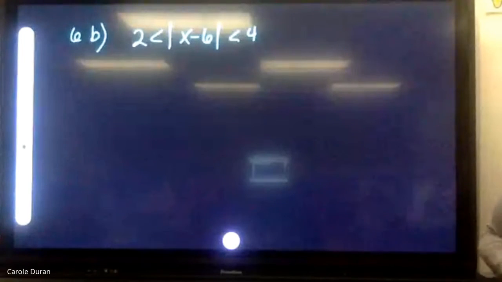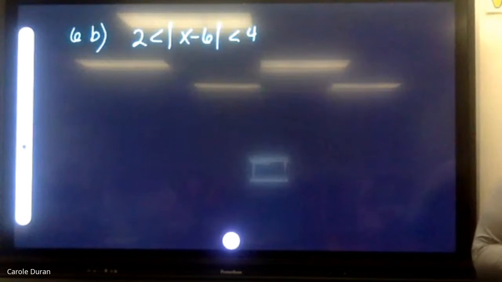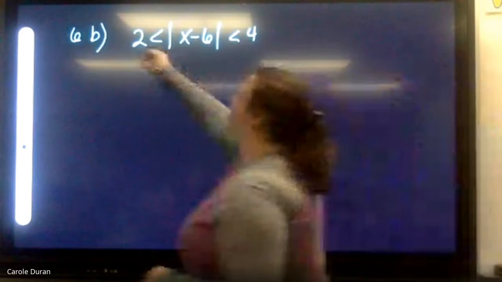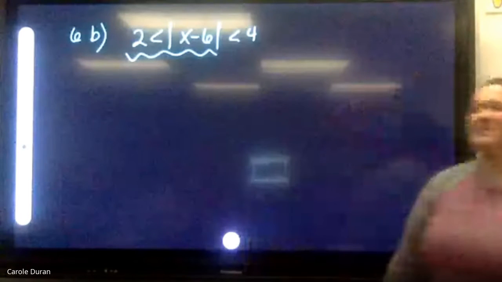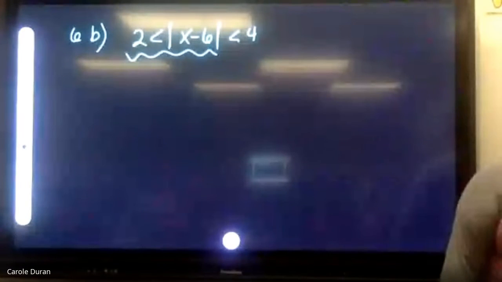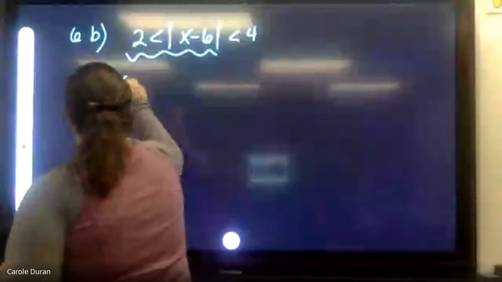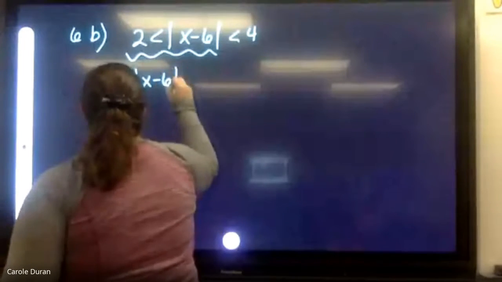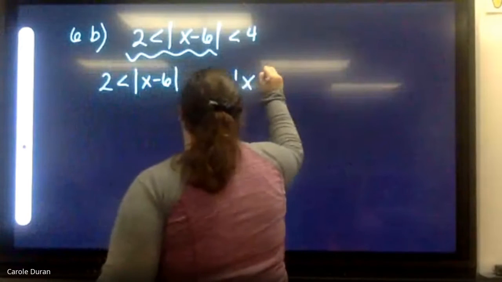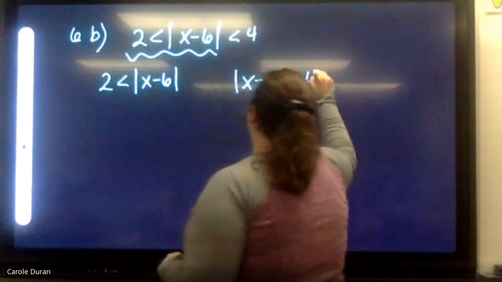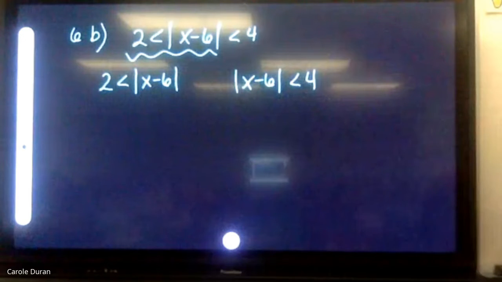Whenever I have something like this, I always like to separate it into 2 problems and then go from there. So I'm going to go ahead and do the 2 is less than the absolute value of x minus 6 first. And then I'm going to do the absolute value of x minus 6 is less than 4 as my second problem.